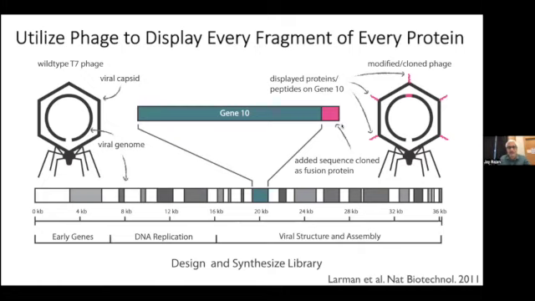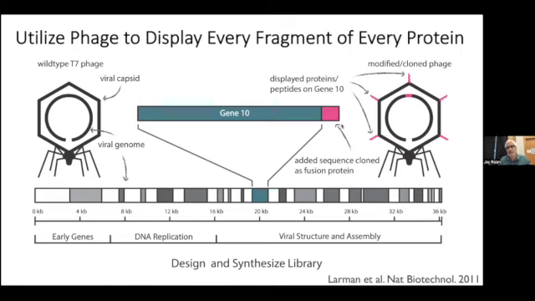So in the case of PhIP-Seq, what one does is start with a proteome of interest. That proteome could be all human viruses. It could be tuberculosis. It could be flaviviruses. These are things I'm mentioning because I will be talking about them in short order.